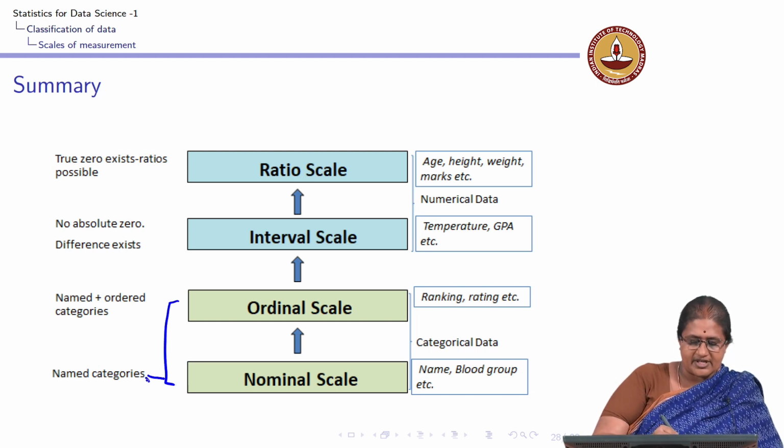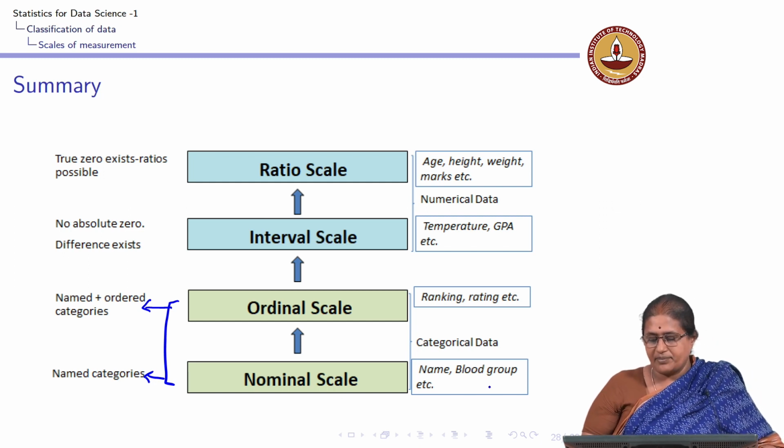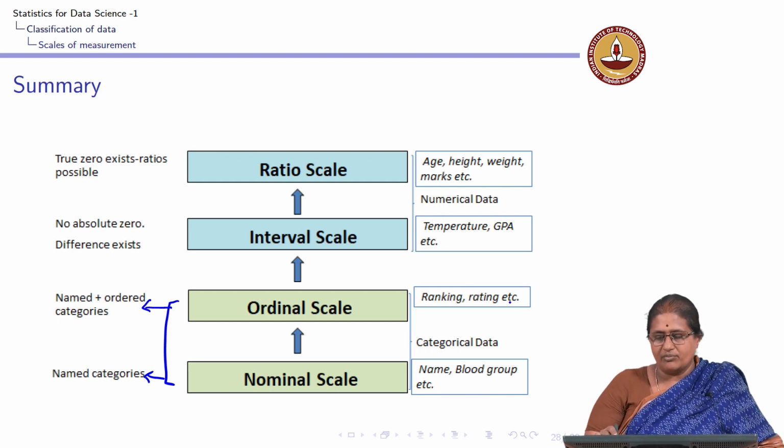Within these, nominal is only a named category, and ordinal is named with an order. Here the difference between order is not a fixed measure. Examples for categorical data: name and blood group are nominal scale; ranking and rating are ordinal scale, where there is an order, but there need not be a fixed order in the rating.